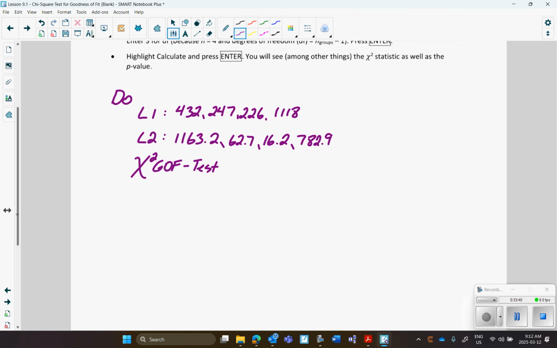And under that, my observed data is from L1. My expected data comes from L2. And you don't have to write the chi-square statistic unless you're asked. We're focused on the p-value. So when it says p, it really means p-value equals 0.